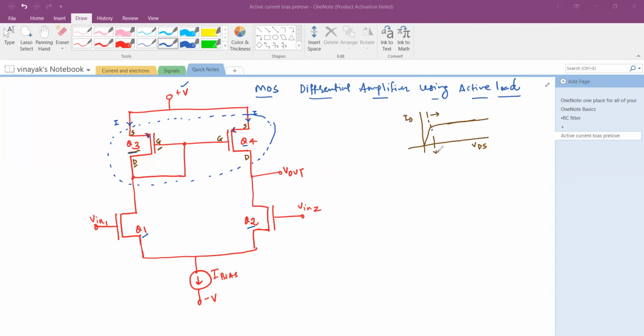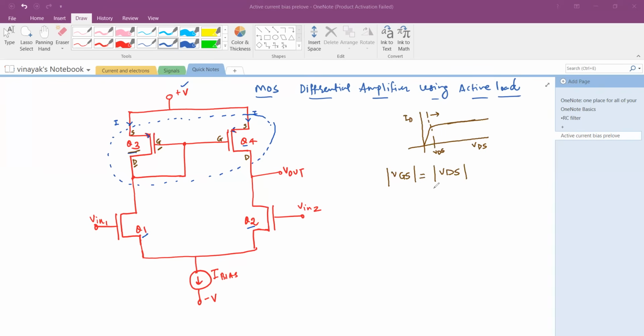So for transistor Q3, we see that the mod of VGS is equal to VDS, right?